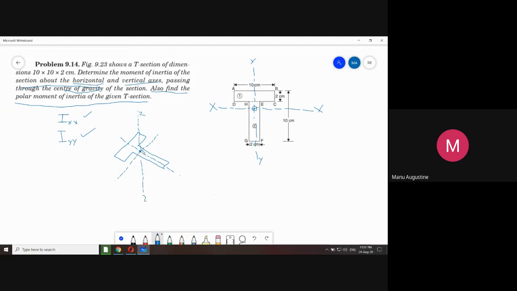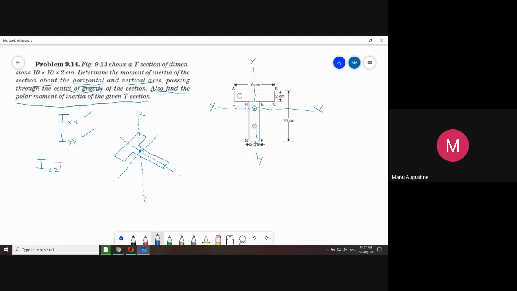Now, as you can see, XX and YY are perpendicular to each other, and this axis ZZ is perpendicular to the area itself, and you make it pass through the point of intersection. So once you have a setup like this, you can simply say that Izz is the polar moment of inertia.